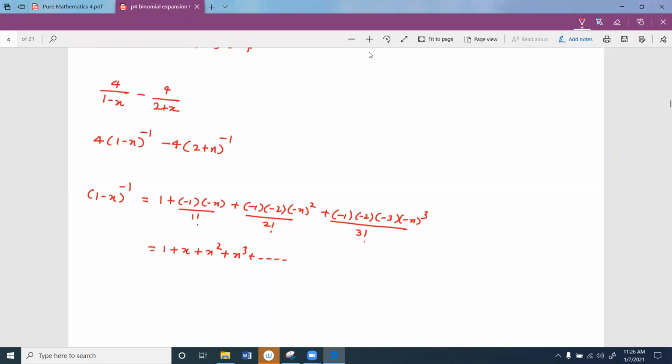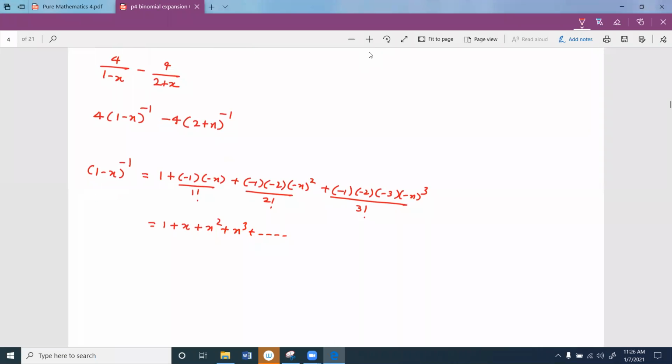Then if I want to get the other part, (2 plus x) to the power minus 1, if I take 2 out, it is (1 plus 1 over 2x) all to the power minus 1. So that turns into 2 to the power minus 1 times (1 plus half x) to the power minus 1, which is 1 over 2 times (1 plus half x) to the power minus 1.